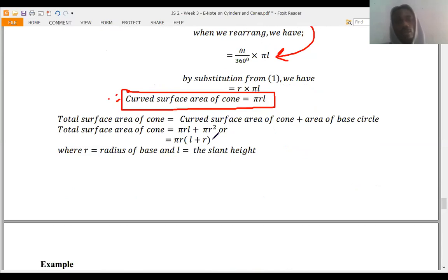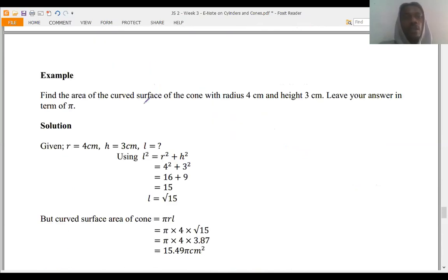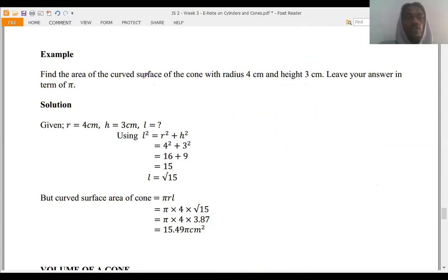Let's see a practical example. The example says: find the curved surface area of the cone with radius 4 centimeters and height 3 centimeters. Give your answer in terms of pi. Solution. You are given R as 4 centimeters, the height H as 3 centimeters, and the slant height is unknown.